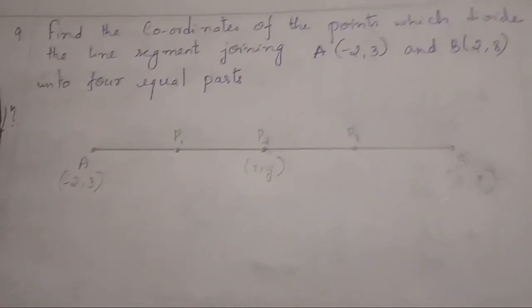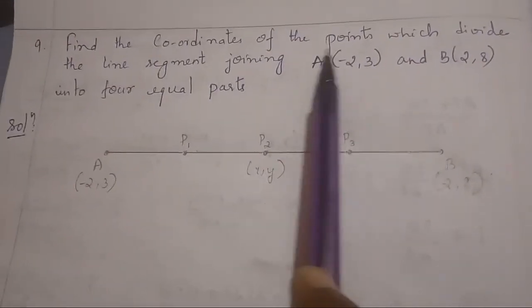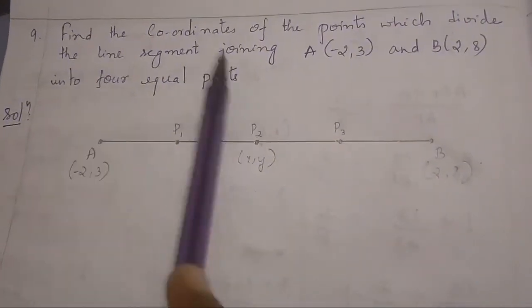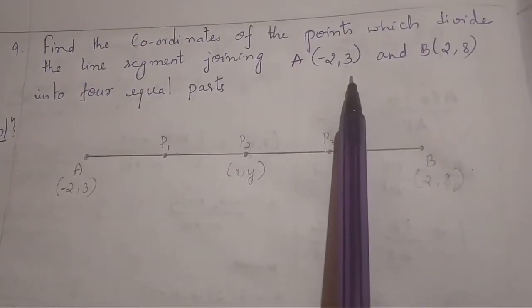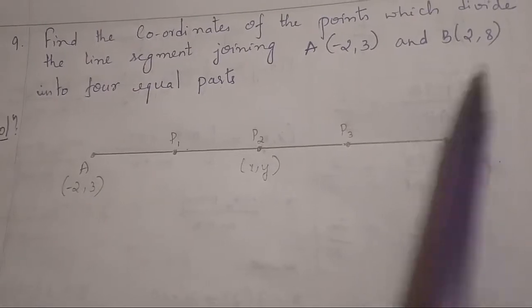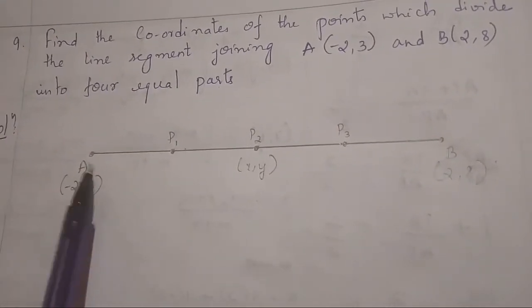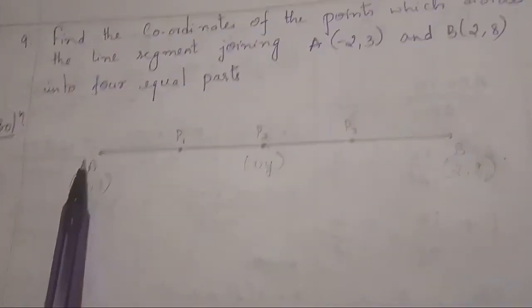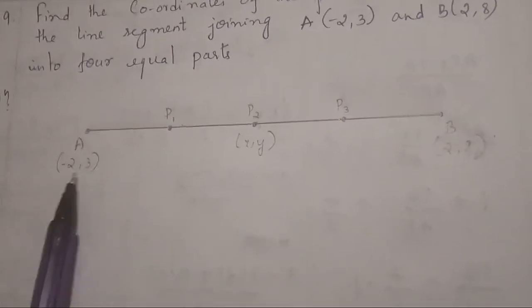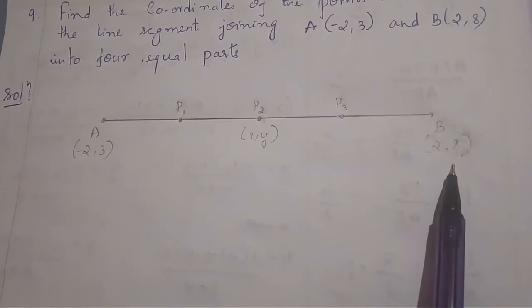Now, ninth problem. Find the coordinates of the points which divide the line segment joining A of minus 2, 3 and B of 2, 8 into 4 equal parts. Solution. That is, the given line segment AB having the coordinate points minus 2, 3 and 2, 8. Okay. This can be divided into 4 equal parts.